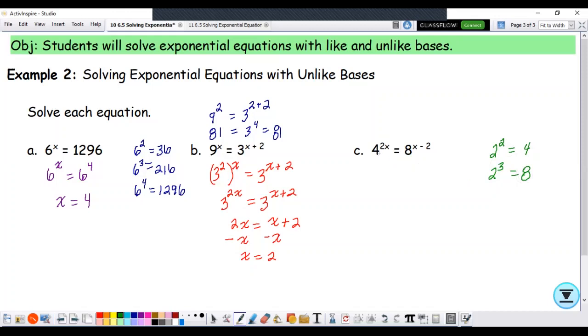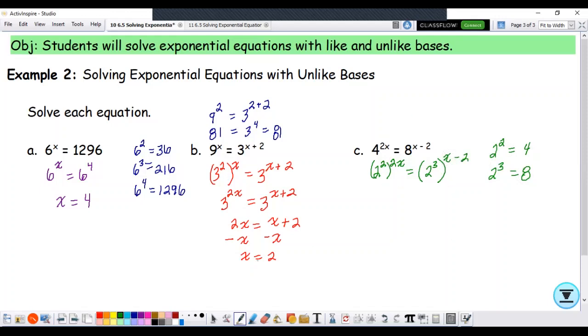So I can rewrite 4 as 2 squared, still raised to the 2x power, and 8 can be written as 2 cubed, raised to the x minus 2 power.